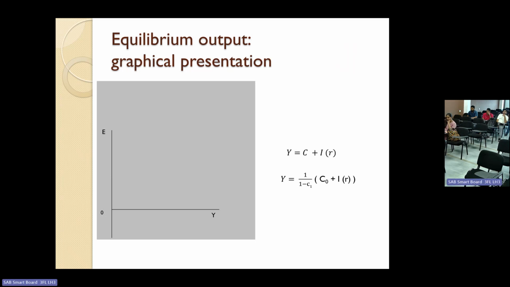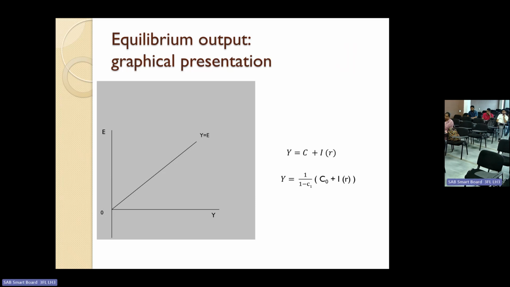On the x-axis we have income, and we have to determine the equilibrium income. This is the initial situation. The equilibrium income condition Y equals E is the 45 degree line.